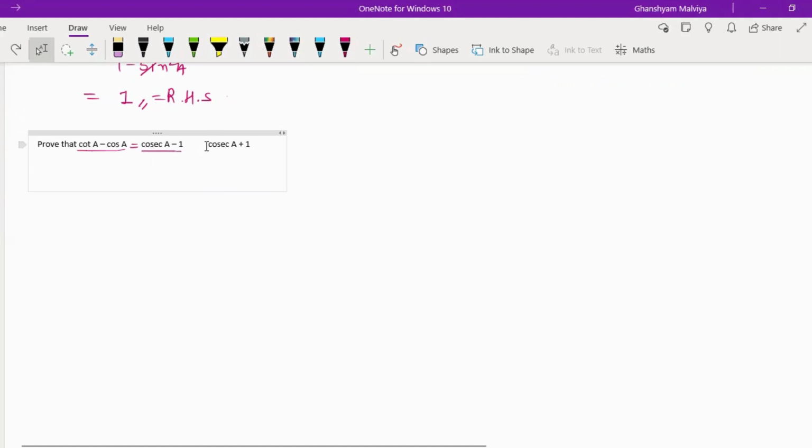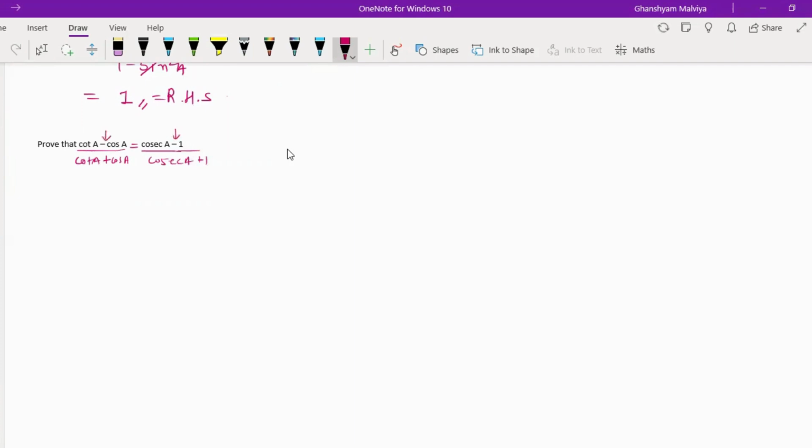Oh, I think it is changing. I will write this: (cot A minus cos A) divided by (cot A plus cos A) equals (cosec A minus 1) divided by (cosec A plus 1). So this one is your RHS, this is your LHS. Fine. Now we want to solve this.